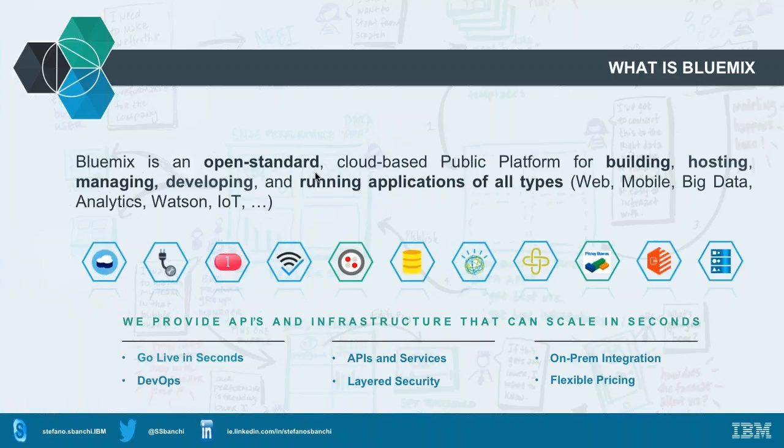Bluemix provides access to a catalog of services, which are APIs, and access to an infrastructure that allow you to go live and scale rapidly. Bluemix offers several layers of security, a lot of DevOps services as well, and on-prem systems integration, all with flexible pricing model.